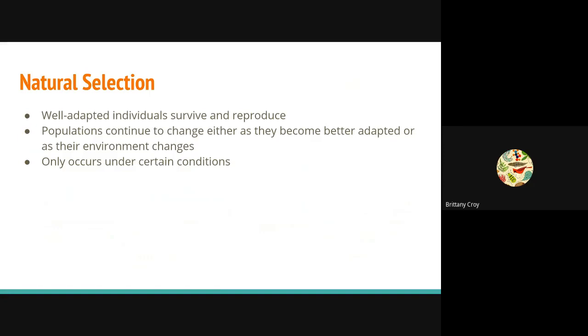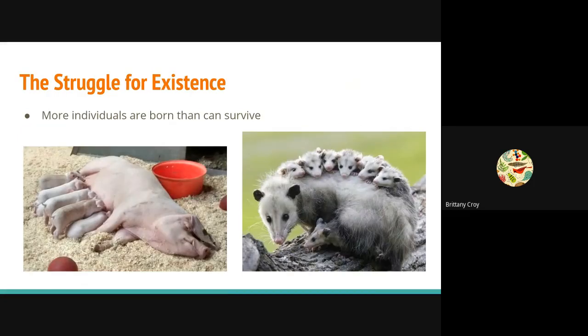Natural selection can only occur if three conditions are met, and we're going to discuss those next. The first condition is that more individuals must be born than can actually survive. Because if everyone survives, it doesn't matter what your traits are. If some survive, then we can ask ourselves the question, well, why did that one survive when this one didn't?